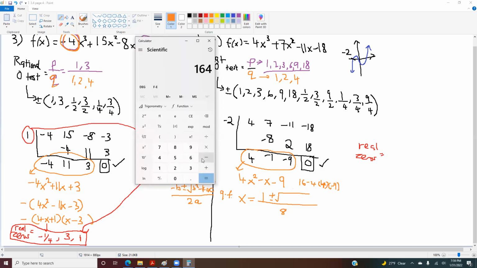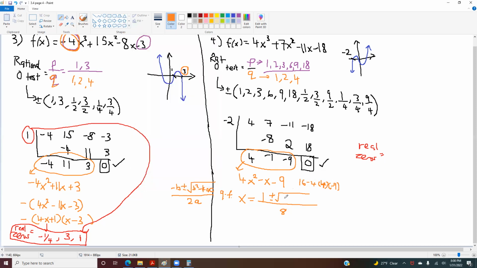So 4 times 4 is 16, 16 times 9 is 144, plus 1.